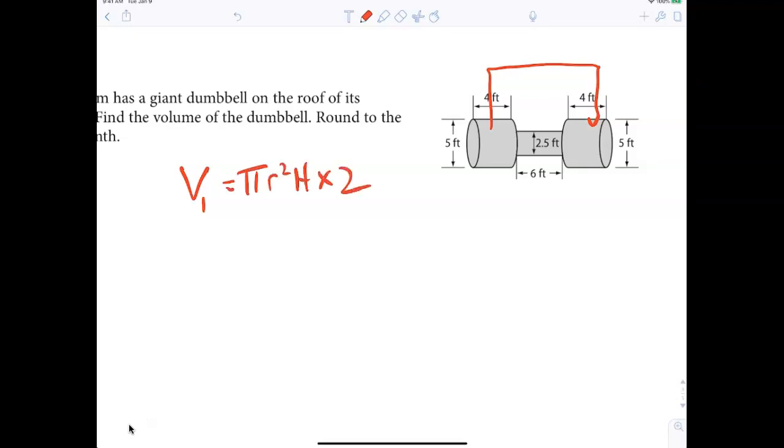And then why did I put times 2? There's 2 of the same. All right, that'll save you a little bit of time. And then the second volume is, again, pi r squared times h. And then what do I do with those volumes? You just add them together, and that'll give you your total.